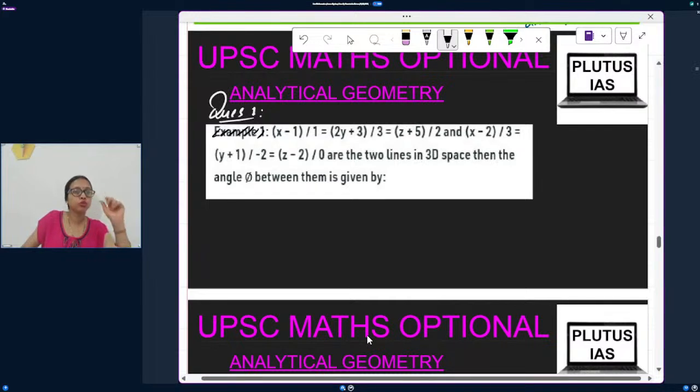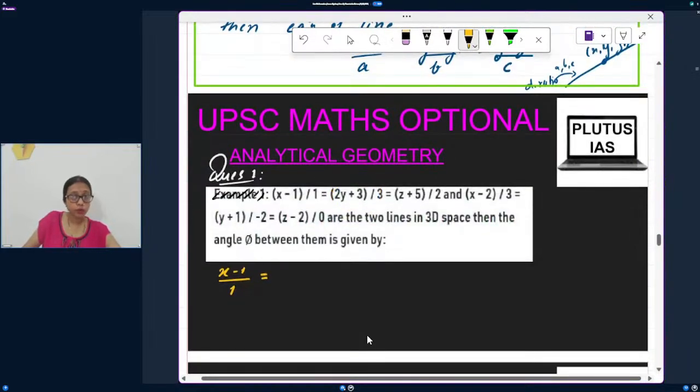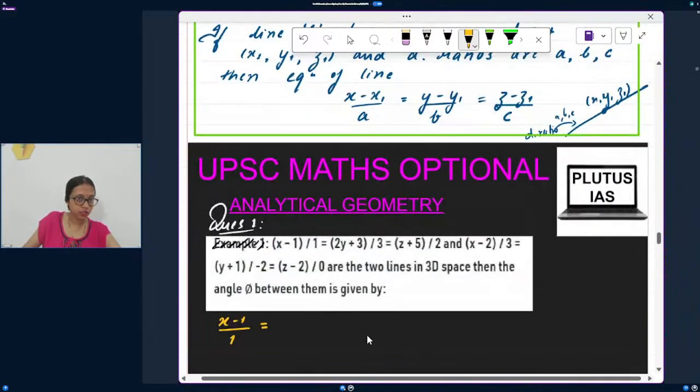They are talking about two lines. What are the two lines given? The first line is (x minus 1) by 1 is equal to, see, it is not written in the form of the equation that we have seen here. It is (y minus y1) by b. So you will make it in the form of (y minus y1) by b.